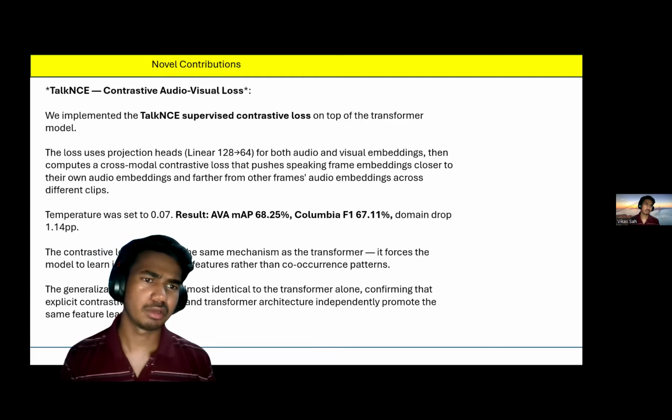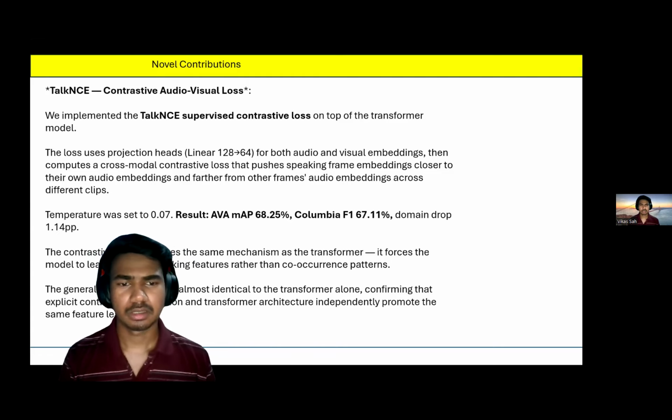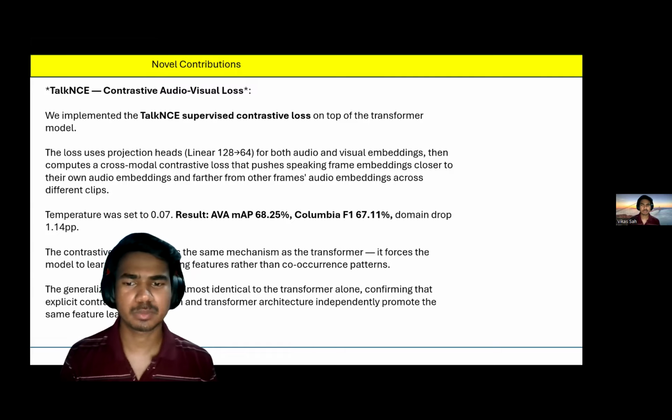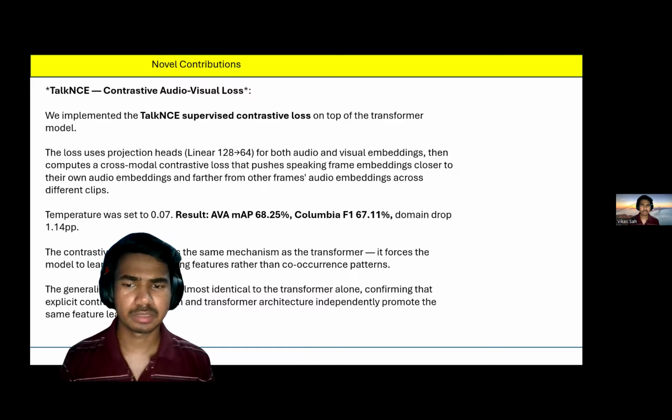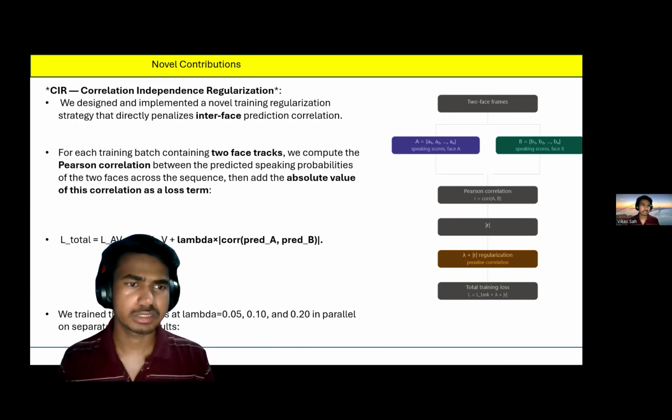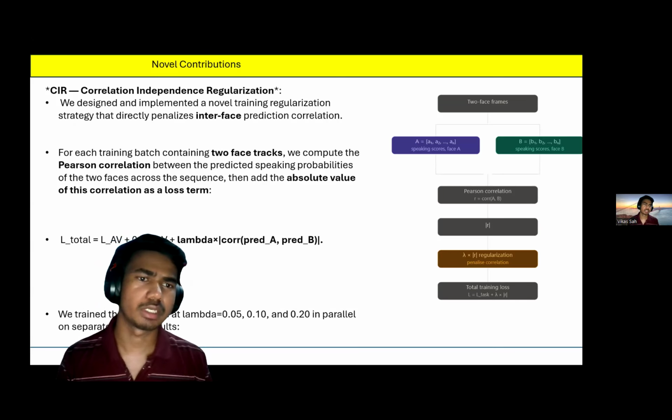This contrastive loss reinforces the transformer to learn intrinsic speaking features rather than co-occurrence patterns. This generalization behavior is almost identical to the transformer alone. The second one is CIR, correlation independence regularization.